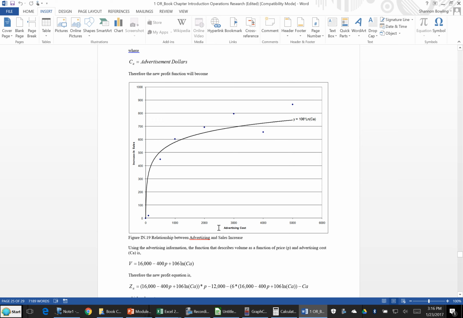The more money you spend in advertising, the less return on investment you'll get. So spending a small amount of money will often yield a large increase, but then spending that same amount of money will not yield as much of an increase. And this is just one of those facts of life. And if you think about it, it kind of makes sense. Why does it make sense?